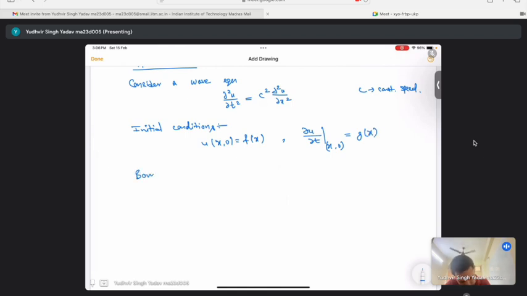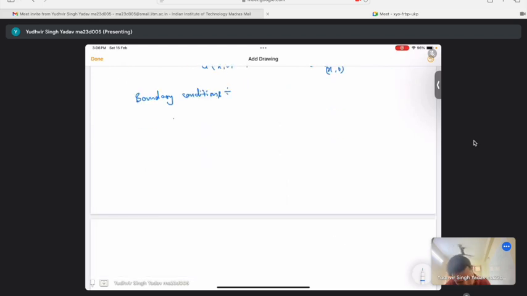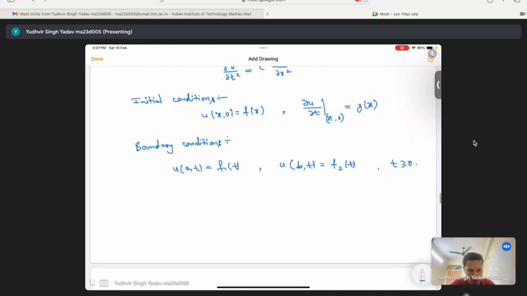And the boundary conditions are u(0, t) equals f1(t), and in place of 0 we say a, the starting point, and u(b, t) equals f2(t), where t is greater than or equal to 0. Since time can never be negative, t is always greater than or equal to 0.